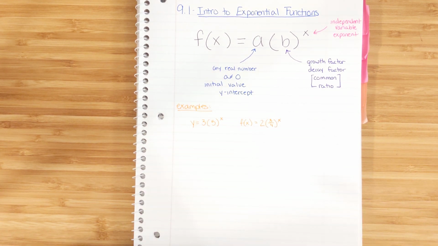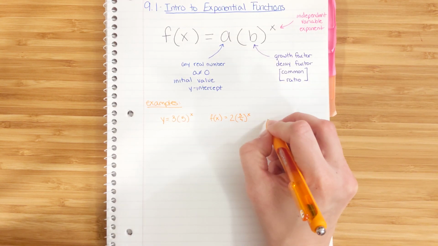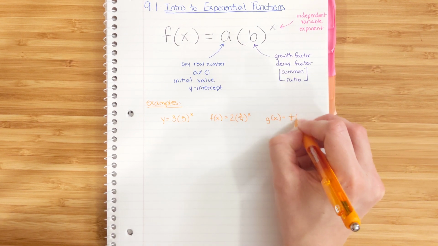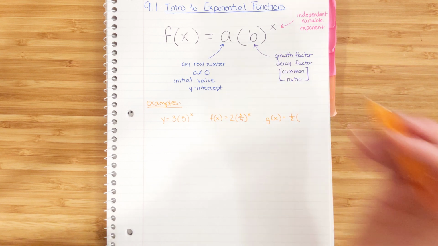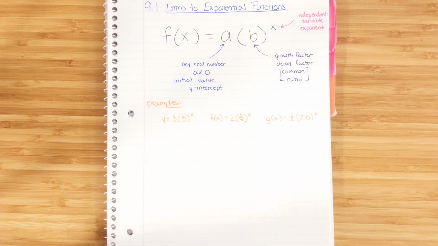Yes, your numbers can be fractions, they can be decimals, they're all considered real numbers. And last but not least, how about g of x equal to 1/2 times 2.5 to the x power. All examples of exponential functions in equation format.